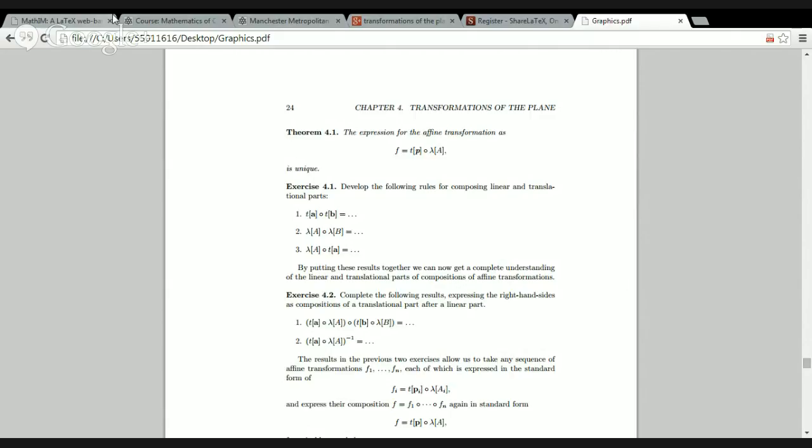So it is still rotation by the same amount, but about a point other than the origin. So a question naturally arises, well, what point? What is the center of rotation?